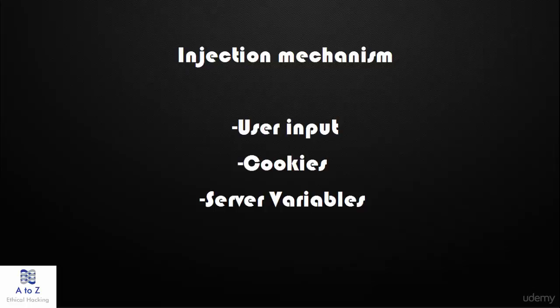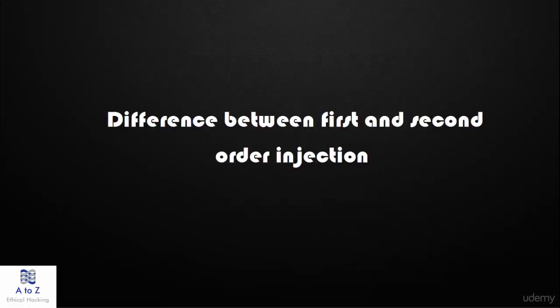To understand the second order injection, we have to see the difference between first order injection and second order injection. In first order injection, the application processes the input, causing the attacker's injected SQL query to execute. But in second order injection, the application stores the input for future use, that is in a database, and responds to the request.